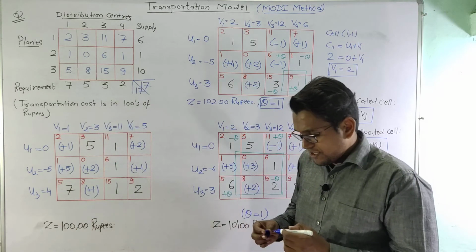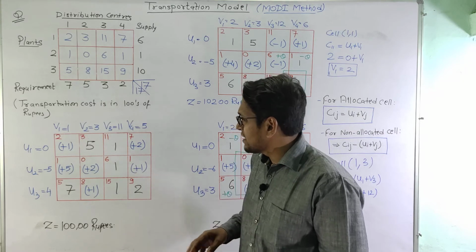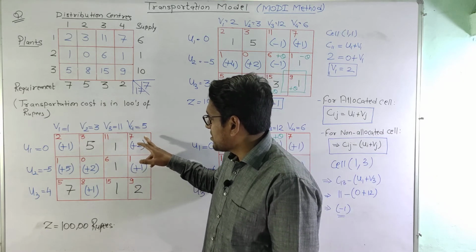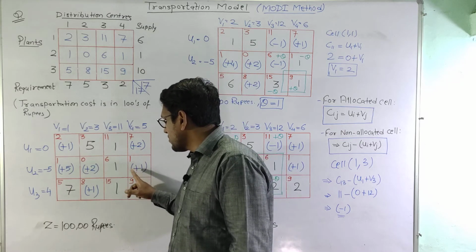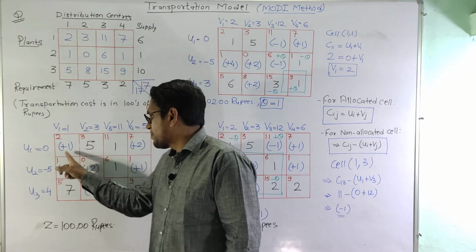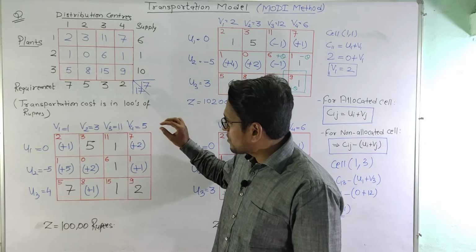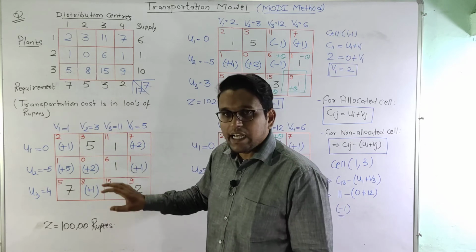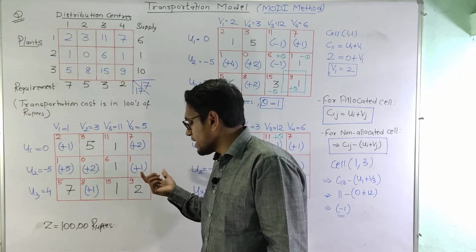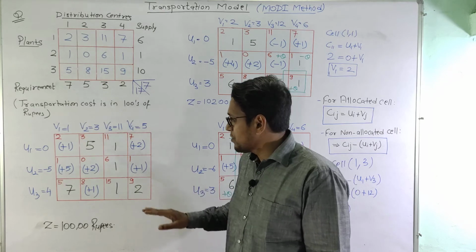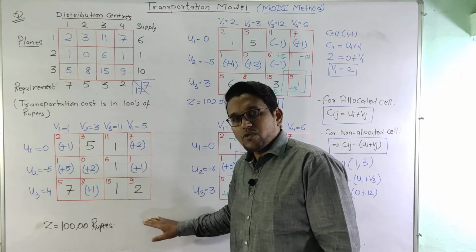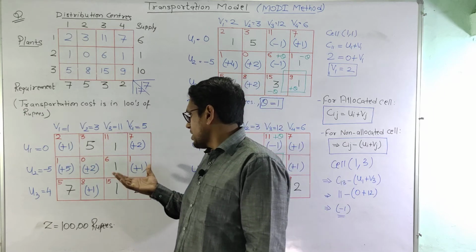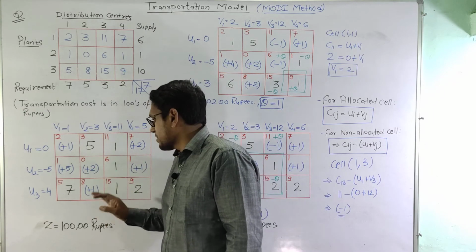Now here in this table we can see that all the non-basic cells have values greater than 0. That means if we choose any of these cells and allocate there, the overall transportation cost is going to increase only. So this is our best solution, and we will not be able to obtain a better solution than this.